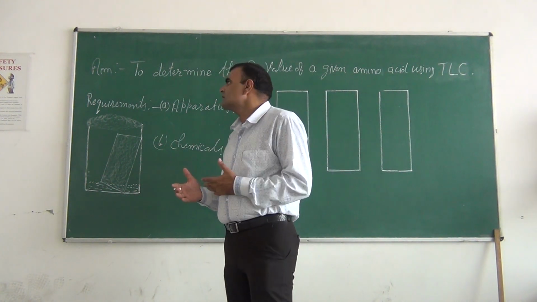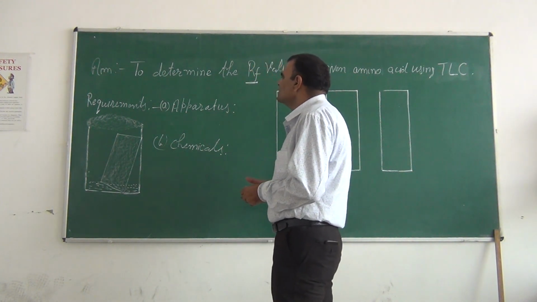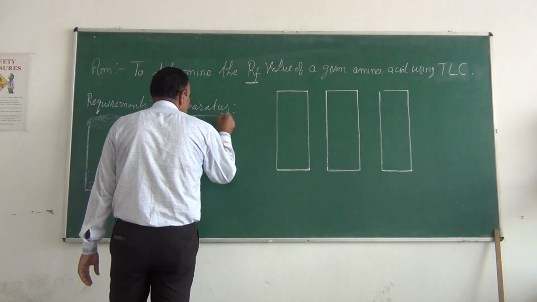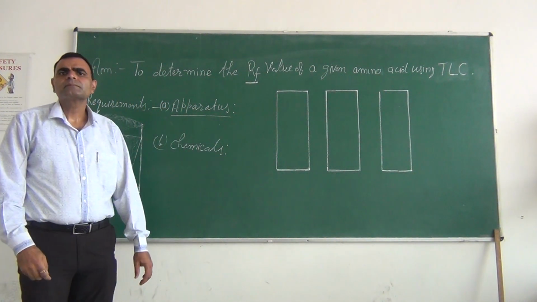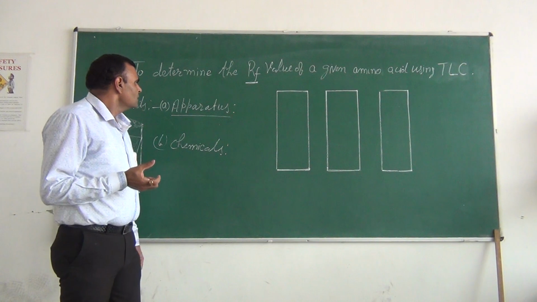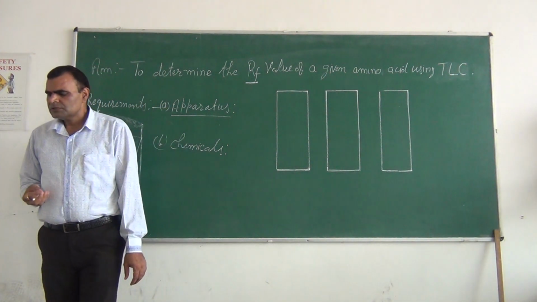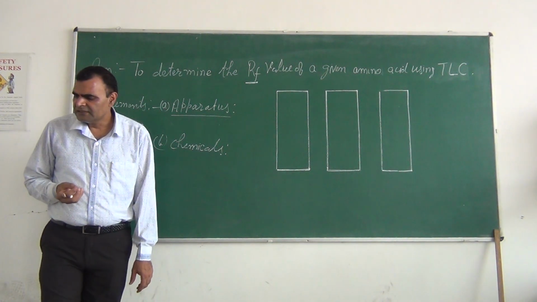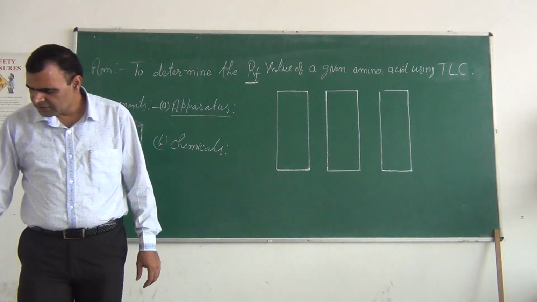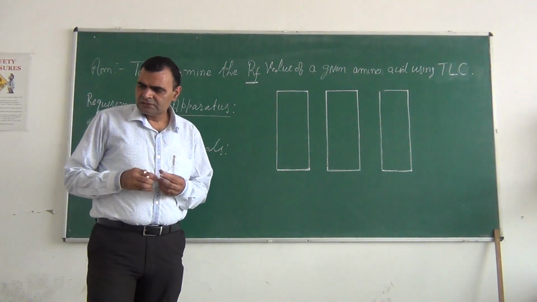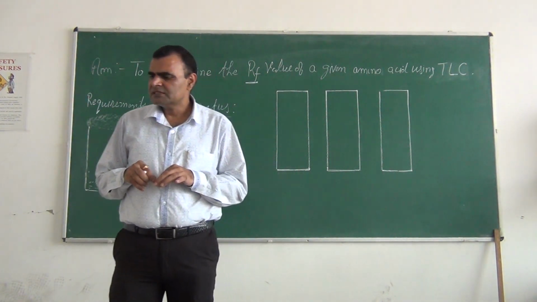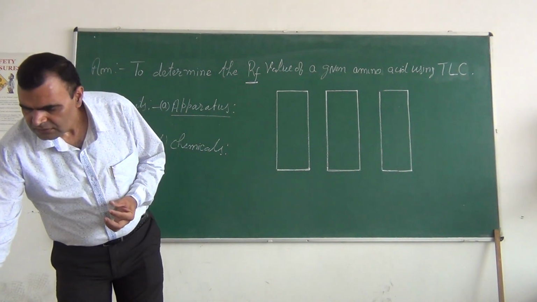So first of all, what will be the requirement? First of all, we will require the apparatus. We will require a jar. First of all, we have a TLC jar and then a glass plate. This is the glass plate, and this is the TLC jar.